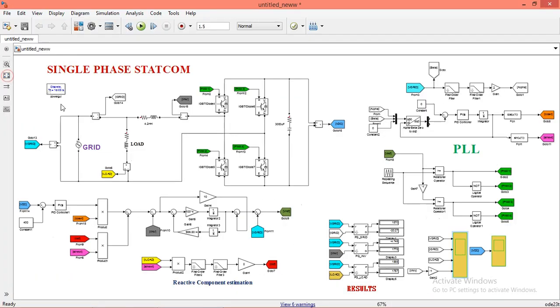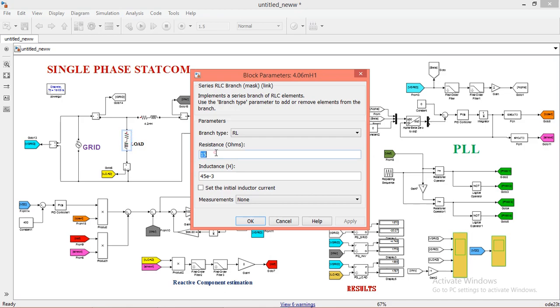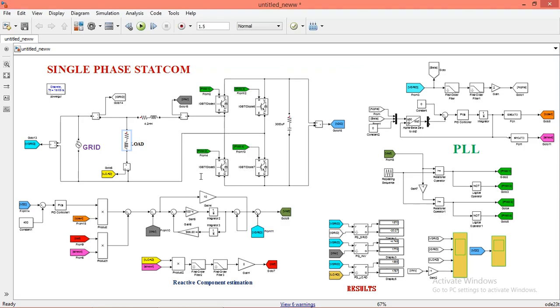Now we'll try a different value of R and L. Let's try 30 ohm as resistance and 90 millihenry inductance, and run the simulation again.